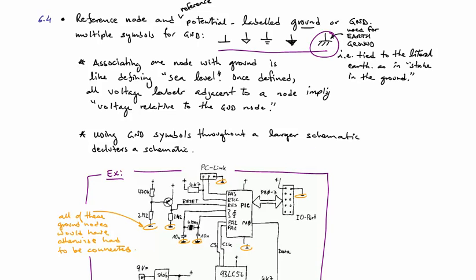In addition, there is a symbol for earth ground. Earth ground is a special type of ground. That means that literally there is a stake that is stuck into the ground, and so that node is at the same potential as earth ground.